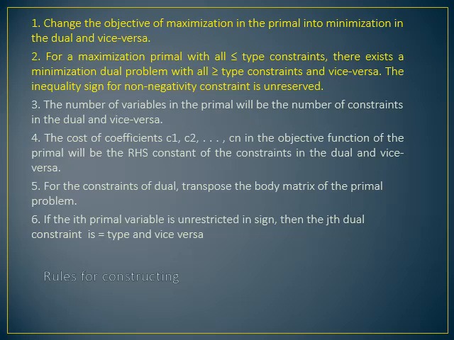So usually the constraints of maximization correspond with the less or equal type. So in case of minimization, these constraints should be converted into type more or equal and vice versa.